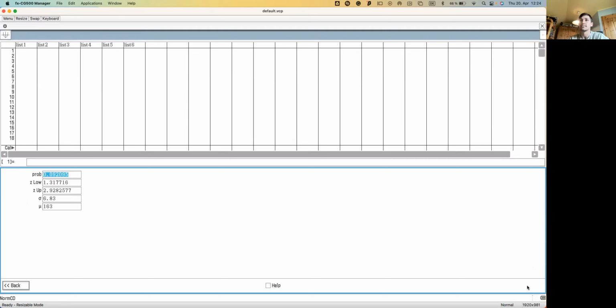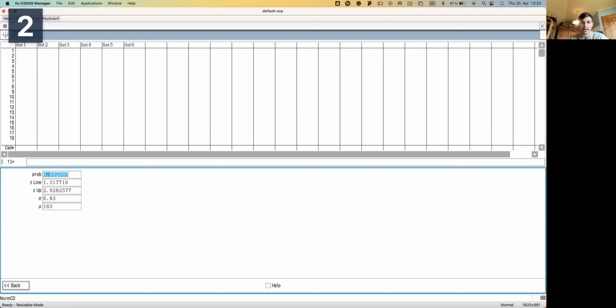Then I push next, and there I have the probability that an apple ranges between these two weights, 172 and 183 grams, and that is 0.0921, rounded to 3 significant figures.